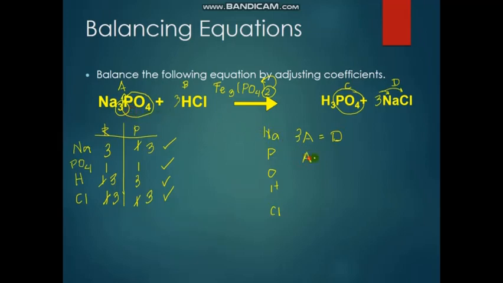So A is equal to C. Next, oxygen is 4A is equal to 4C. Next, hydrogen on the other hand, B is equal to 3C. And lastly, we have chlorine in B equal to D.